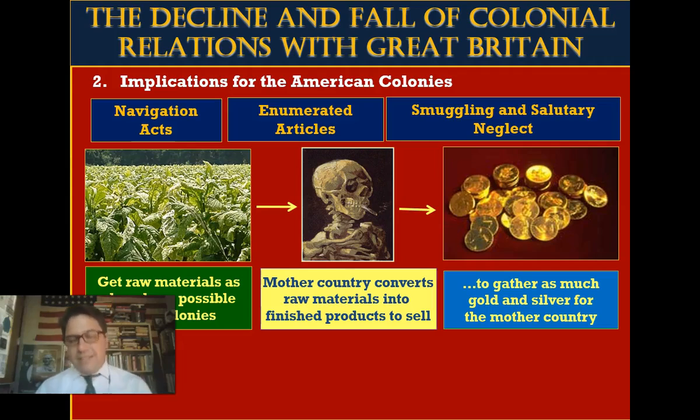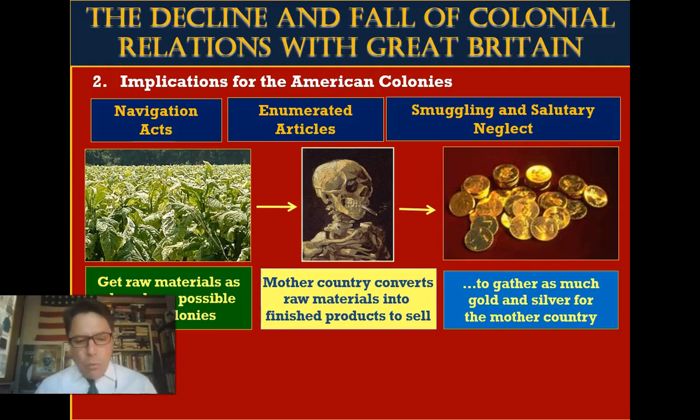Parliament reacted to this smuggling by instituting a policy called salutary neglect. By the way, another great band name you might wish to consider. Salutary neglect is defined as the intentionally lax enforcement of a law, in this case, the Navigation Acts.